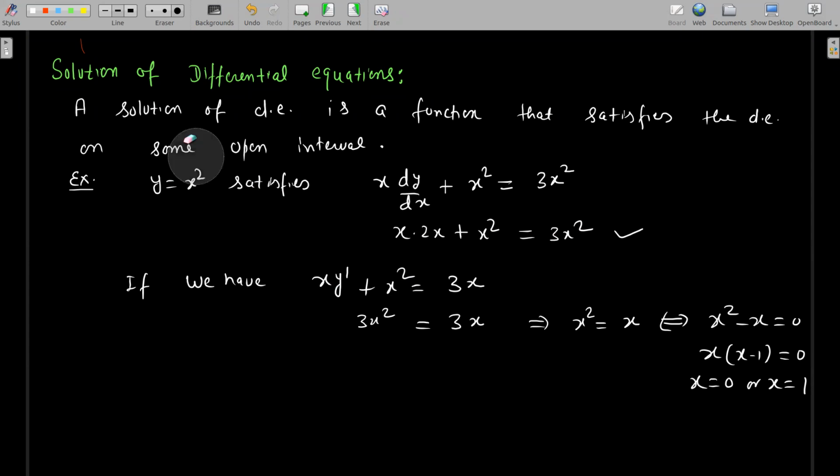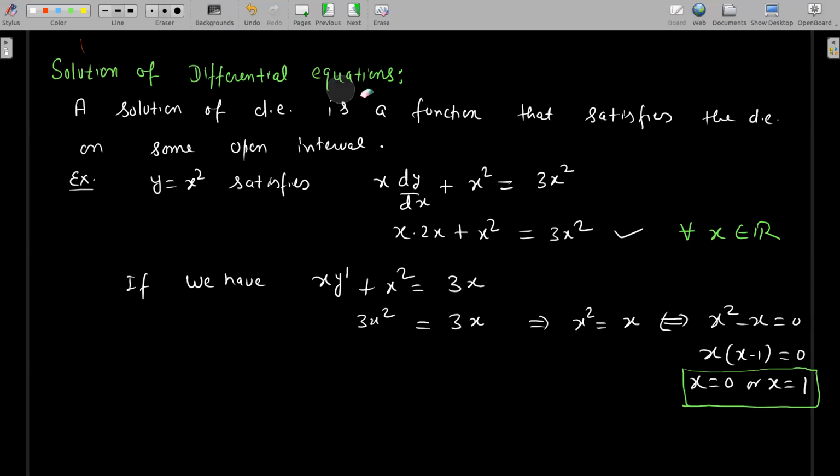But on the other hand, if you take the second equation, then this satisfies only for x equal to 0 or x equals to 1. So in the first case, you can write here that for every x belonging to R, this is a solution, but here only for two values which are 0 and 1.